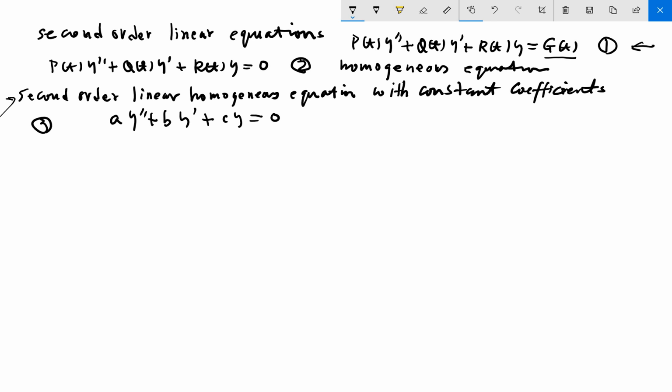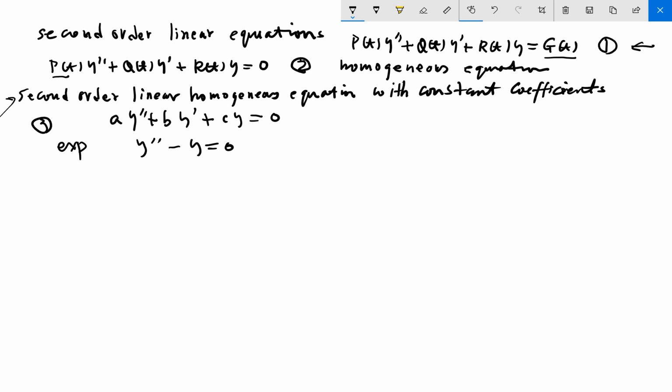In other words, p of t, q of t, r of t are very simple functions. They are constants. So we will learn how to solve this, like equation 3. Before we solve it, let's look at an example. y double prime minus y equals 0.